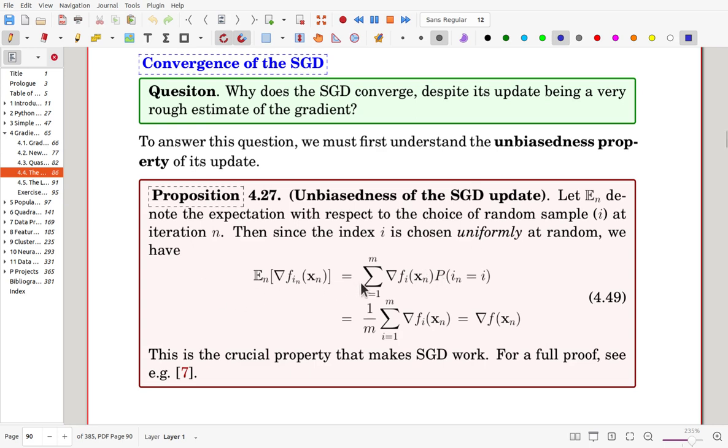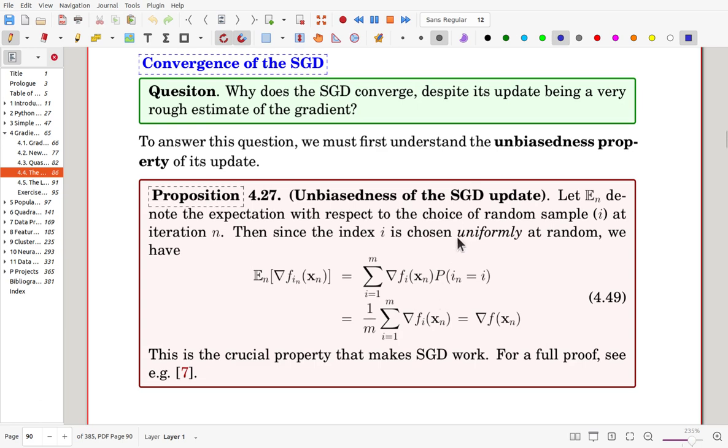We have this equation: the expectation of gradient f_i can be computed using the probabilities, and so we get this term.